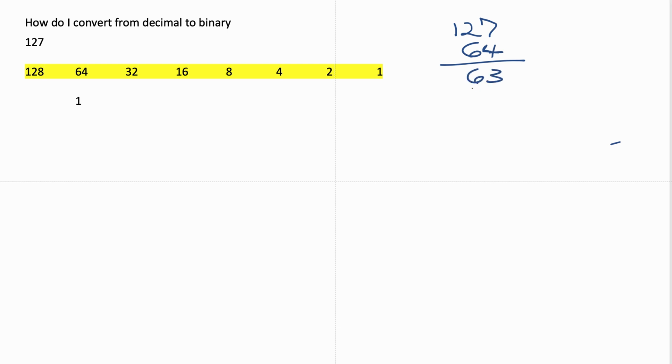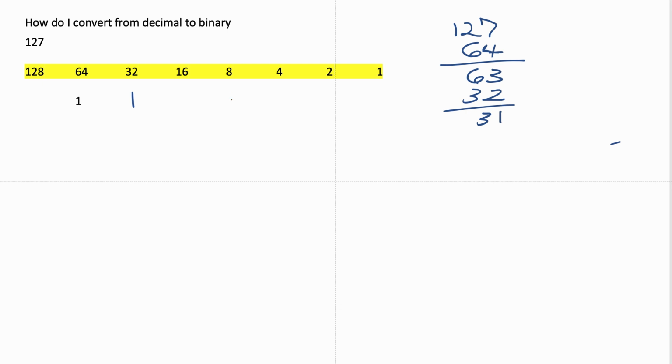And then you just repeat it again. Which one of these is less than or equal to 63? Well, 64 is greater than 63, so we have to use 32. So we just write 1 there. And we subtract 32, so now we got 31.